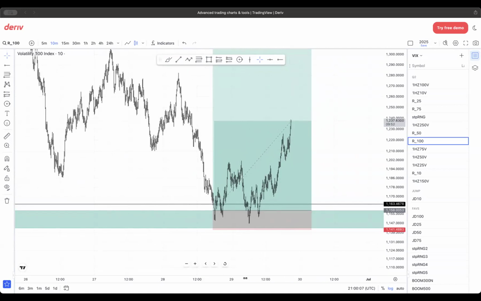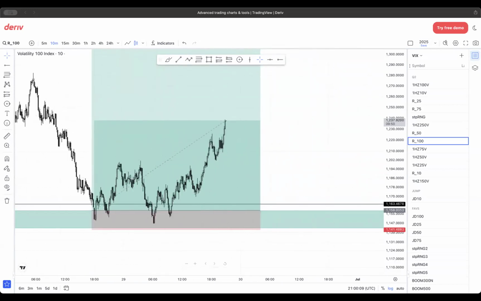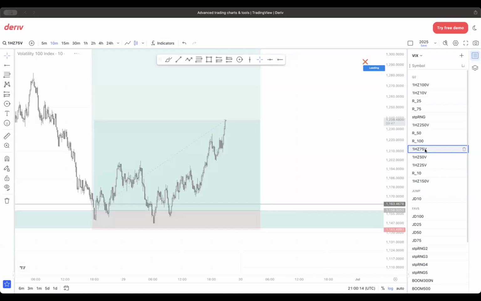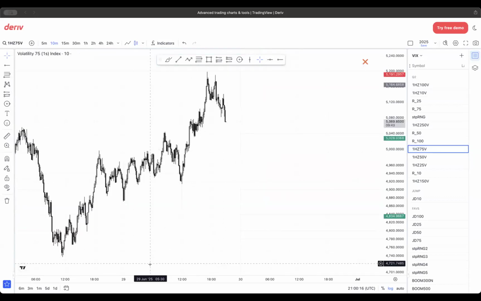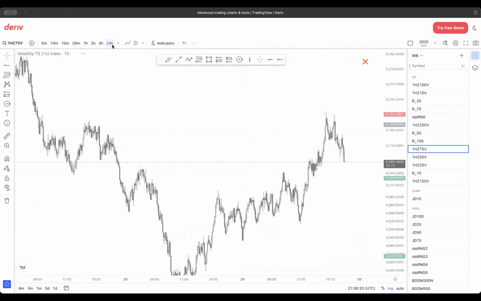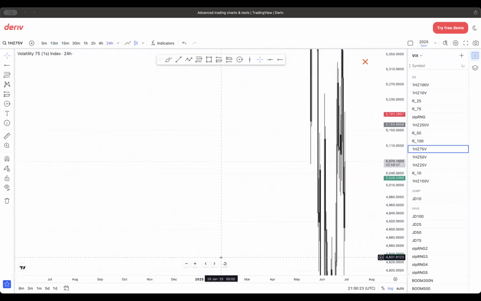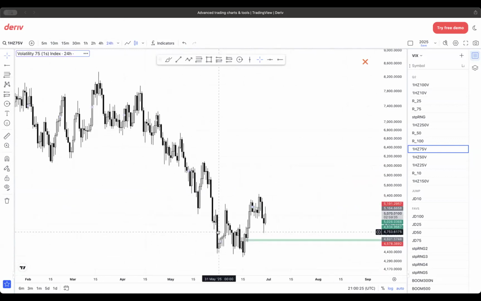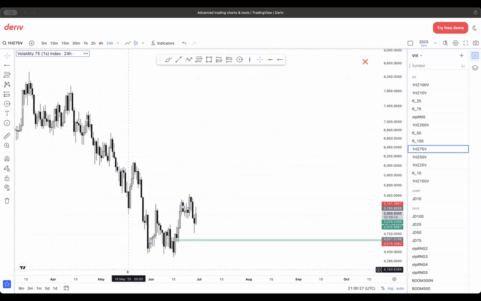All right. So this is what we have on V100. So now let's check V75s. What's it doing on the daily time frame? Okay, V75 is bearish.